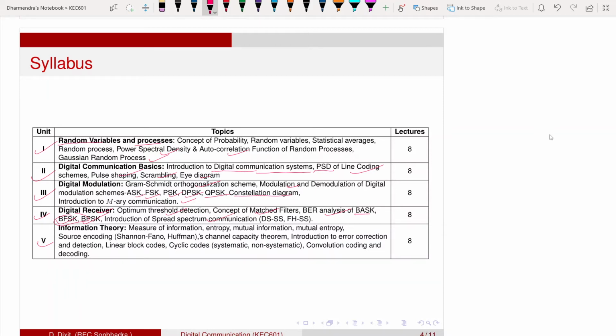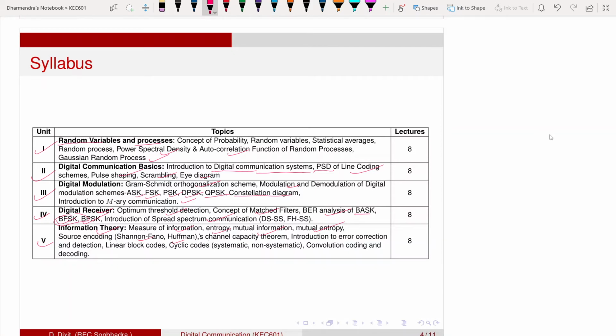In the last unit, the title is Information Theory. In this unit, we'll study the measure of information. What is entropy? What is mutual information? What is mutual entropy? Source encoding techniques like Shannon-Fano and Huffman source encoding.